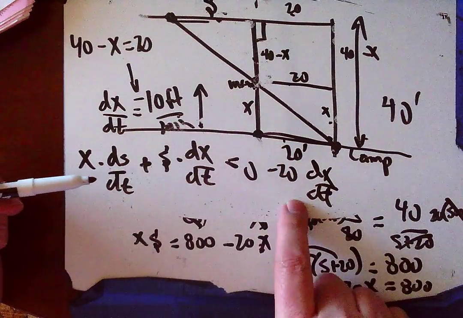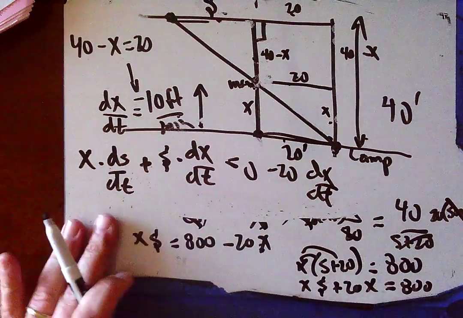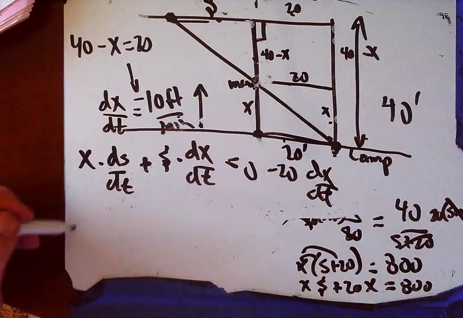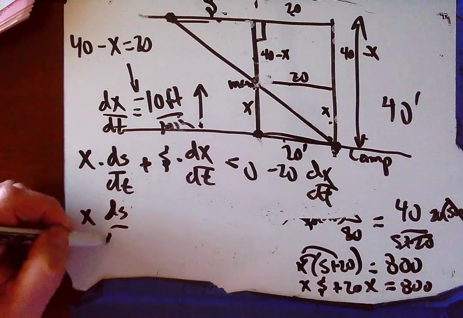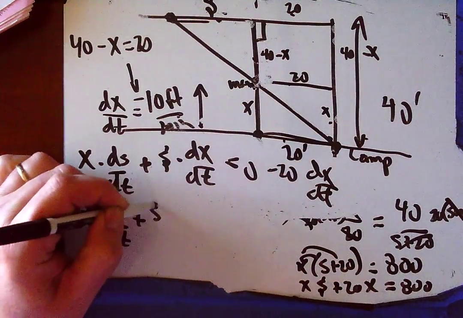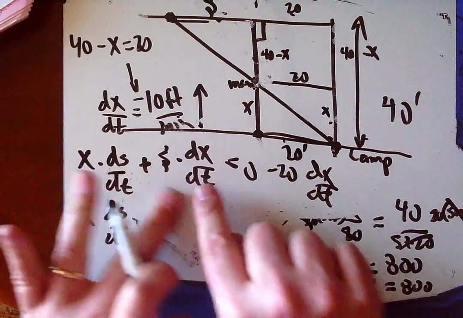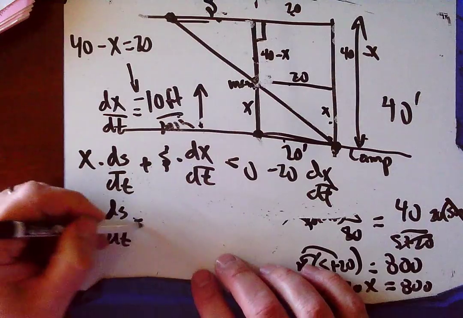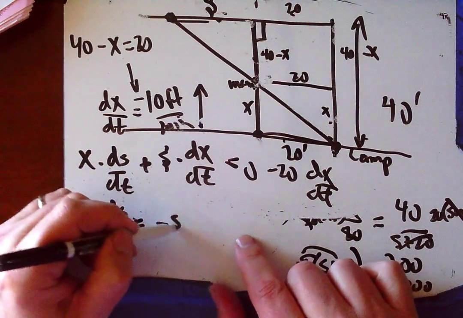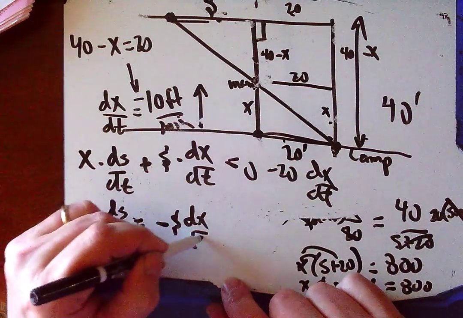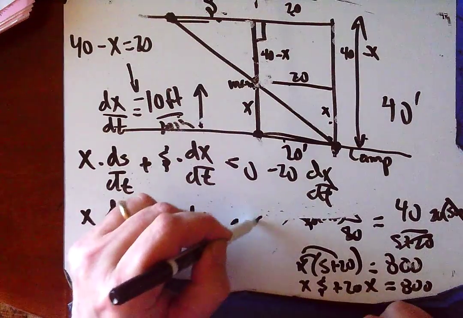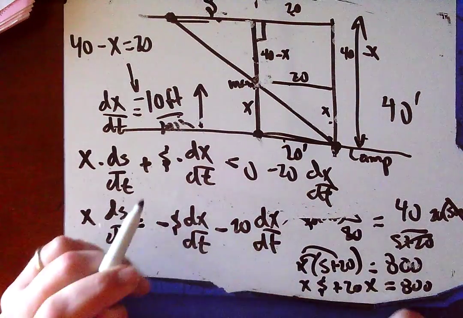Now, I got some things with dx/dt, so I'm going to move them all to one side of the equation. I'm going to have x ds/dt plus s dx/dt. Oh, no, I was moving this over. Okay, so I'm going to have minus s dx/dt minus 20 dx/dt.